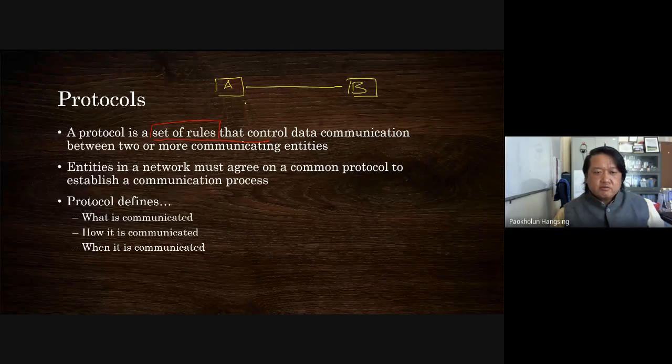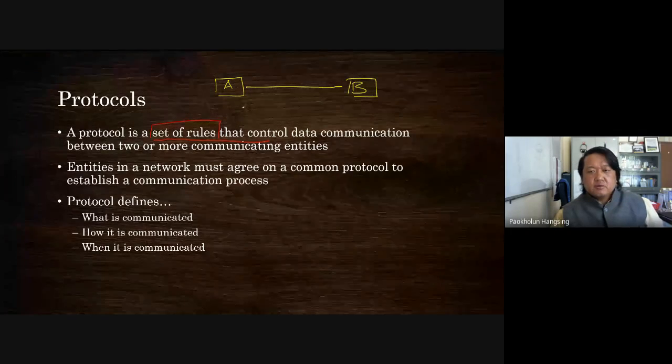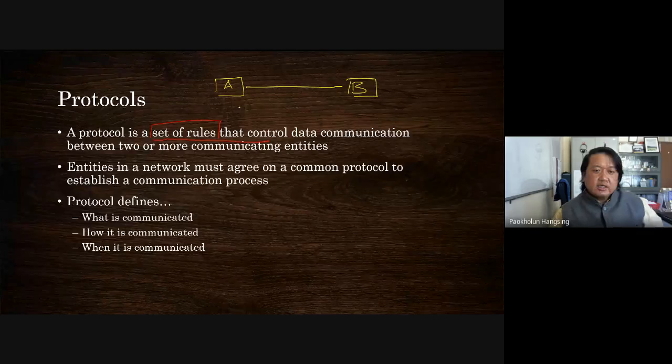Unless they follow this set of rules, if these two communicating entities do not follow the set of rules, then there cannot be communication. So these entities in a network must agree on a common protocol. Protocol is what? It is a set of rules.